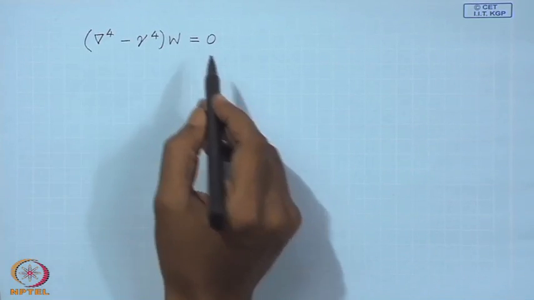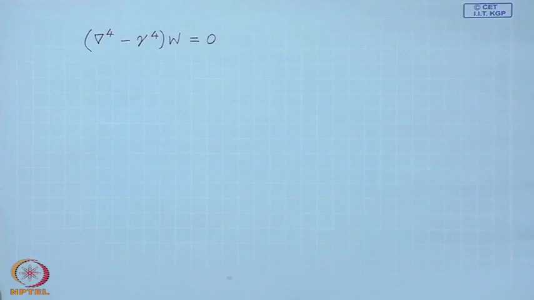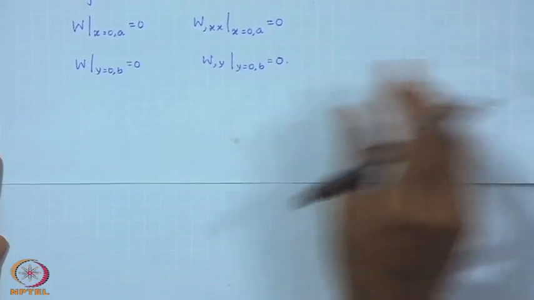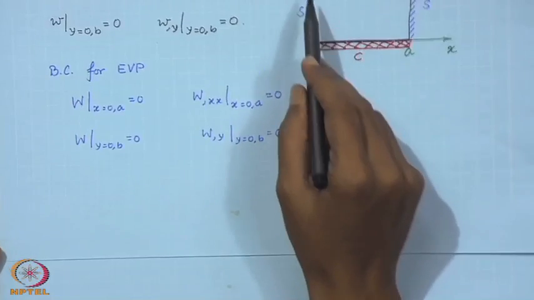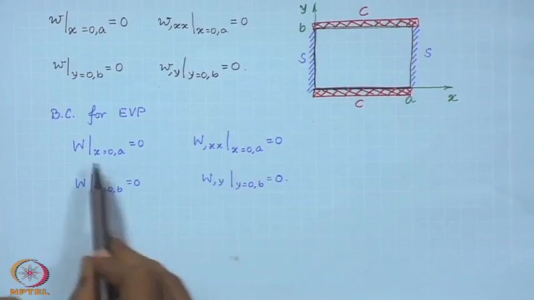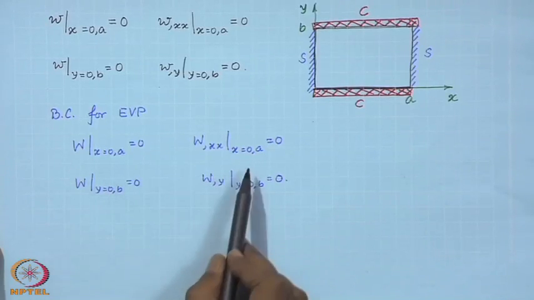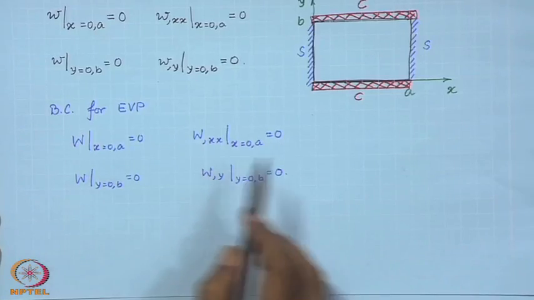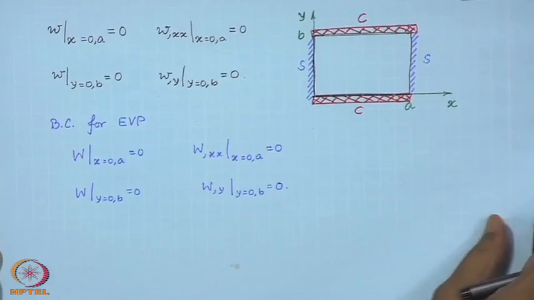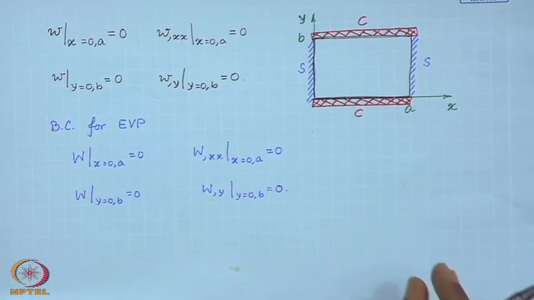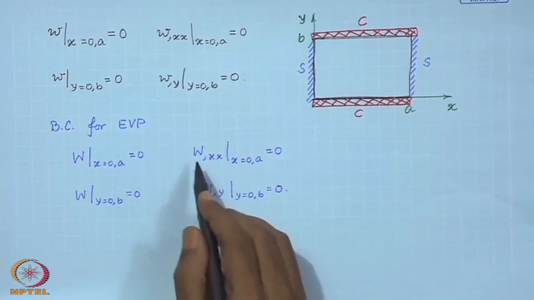So this was the differential equation of the eigenvalue problem. Now, here we have simply supported edges at x equal to 0 and x equal to a. So, let us try a solution which already satisfies these two boundary conditions, at x equal to 0 and a, the displacement and the moments being 0.